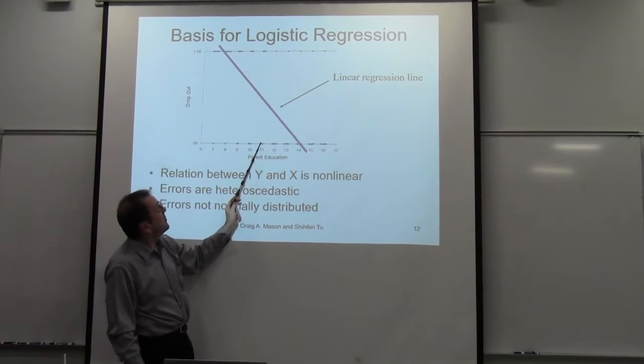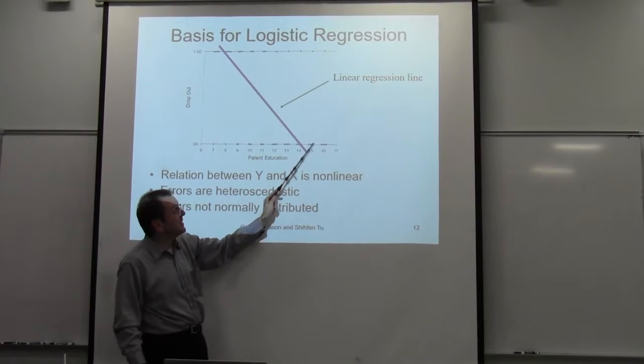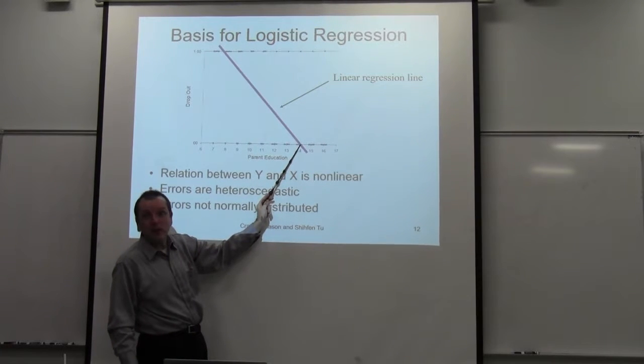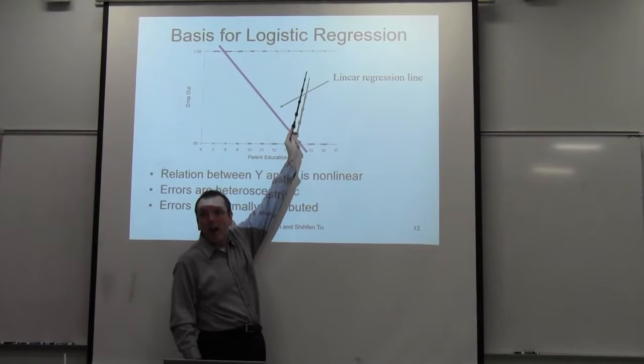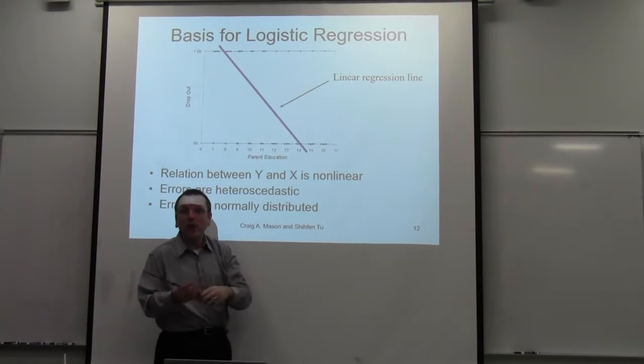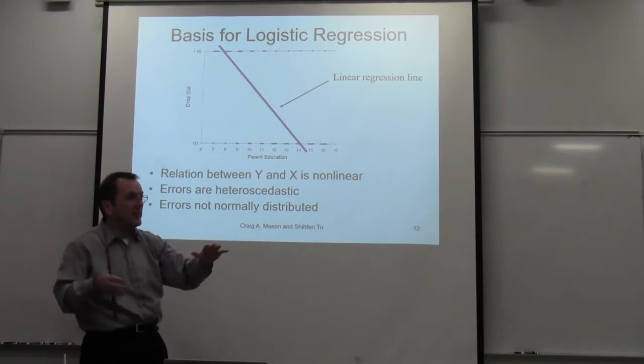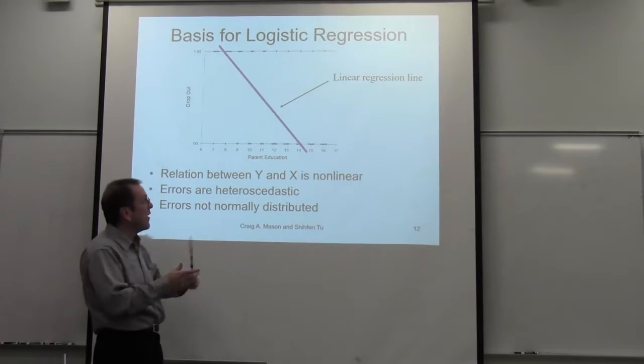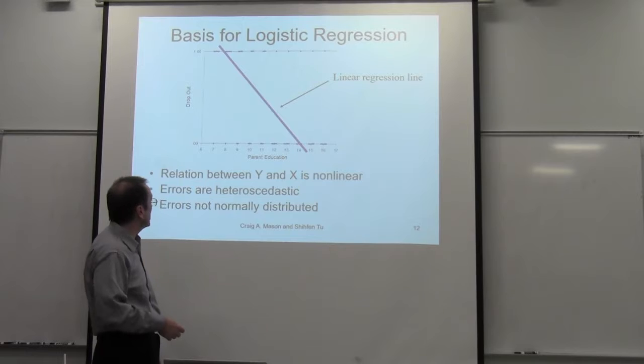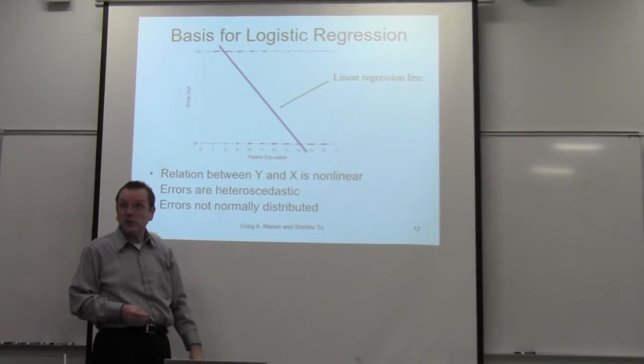And then some that are off on both sides, and at the other end, some that are very close to the average and way off in the other direction. So the errors are very heteroscedastic. The size of the errors is really going to vary across parent education. They're definitely not going to be normally distributed.